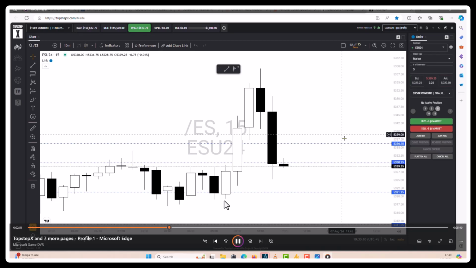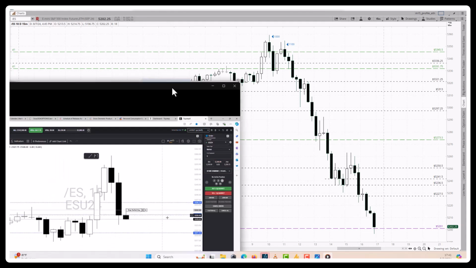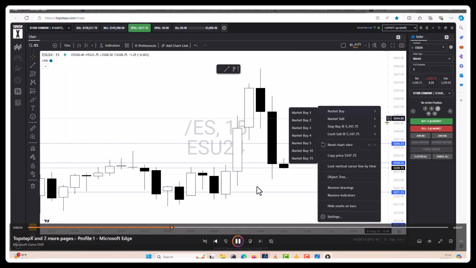It's gonna reverse the level. The level is right here. You see that when it breaks out the level, it's gonna reverse this level. That's what we see. So we try to put a buy stop at 53.31.75. That's what we're doing right there.